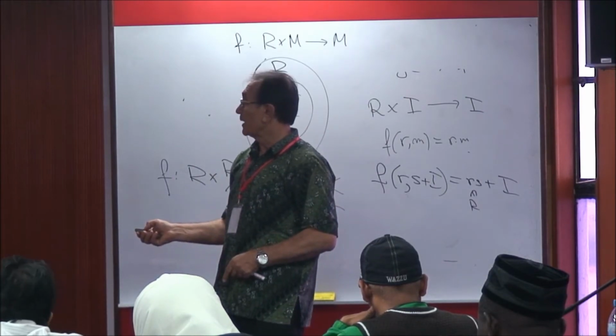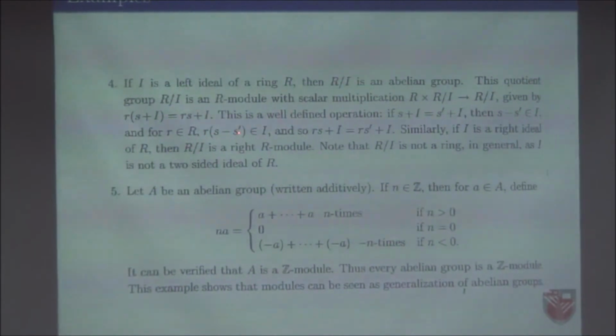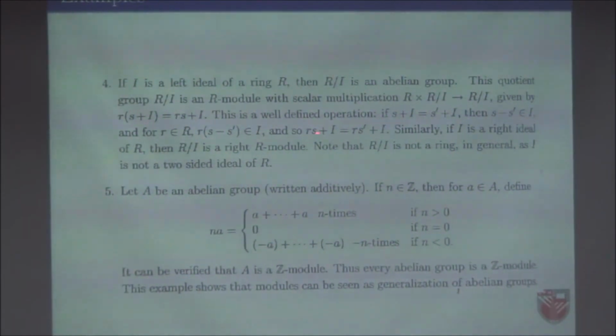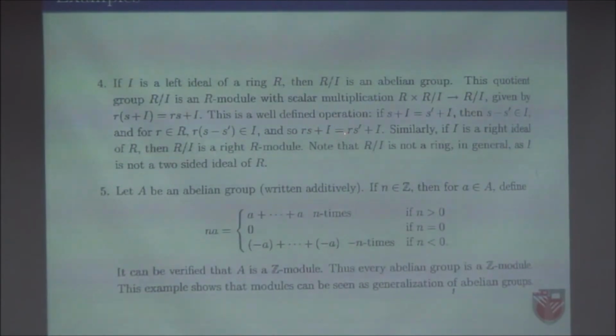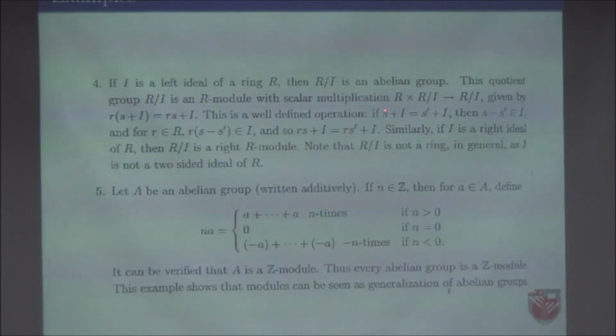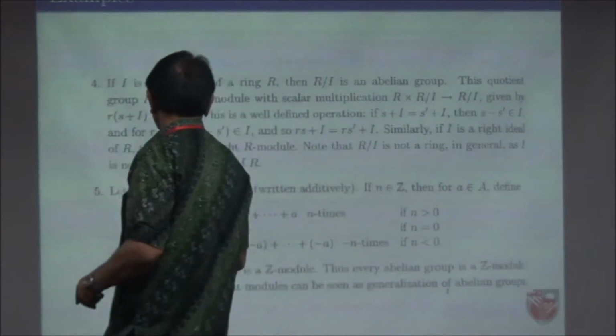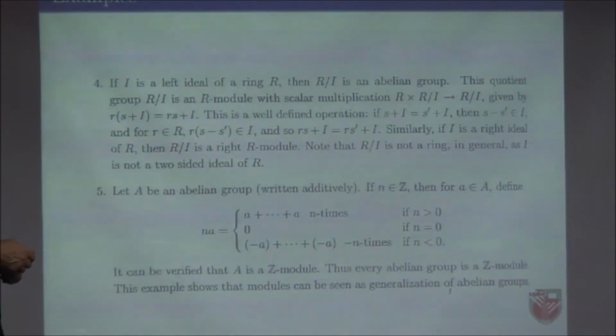Then S minus S prime is an element of I. Then R times (S minus S prime) is an element of I. So the results R times S plus I and R times S prime plus I are also the same. Means if S plus I equals S prime plus I, then the images are also the same. Means this operation of our function is well-defined.